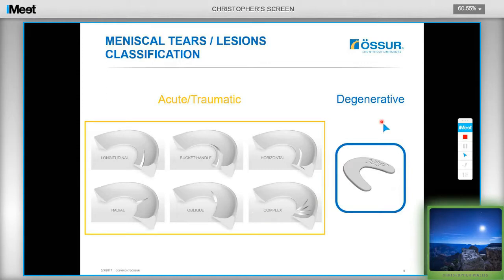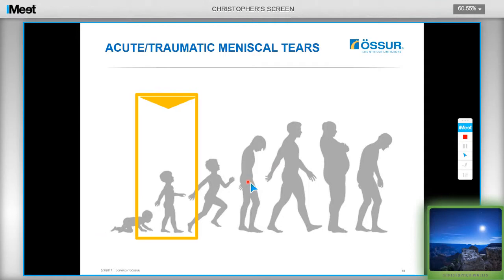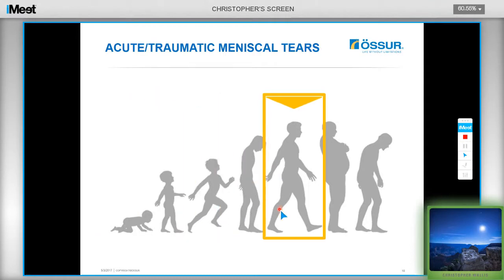So I mentioned the two main categories of meniscal tears being acute and traumatic and degenerative. So we'll start with the acute traumatic and touch on this. So there are a variety, and this is just a selection of the different types of tears that are possible for acute traumatic tears. As the name suggests, these tears are generally as a result of a specific incident.